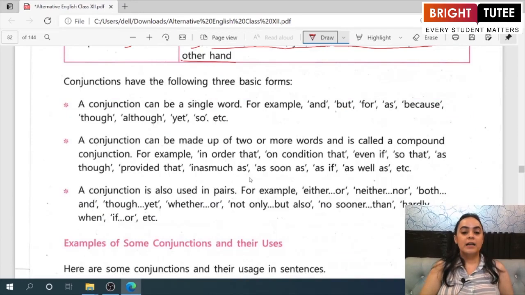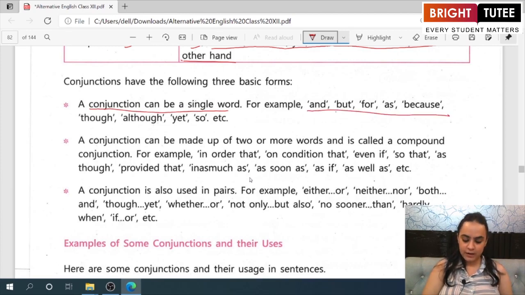Now, the conjunctions have the following three basic forms as we read. First, a conjunction can be a single word. For example, and, but, for, as, because, though, although, yet, so, etc. So these are just one word conjunctions.